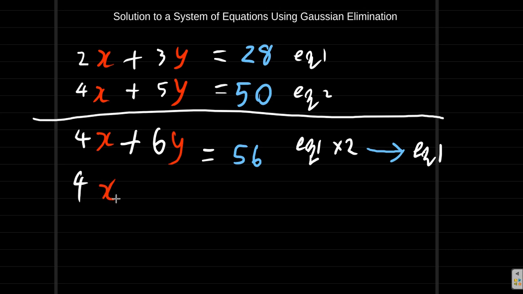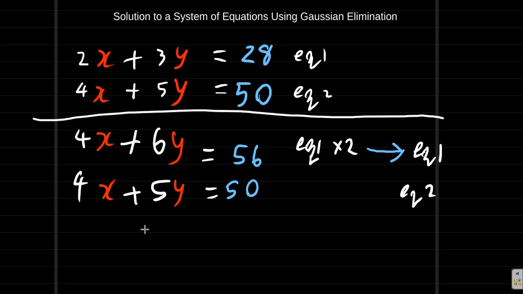It is 4x plus 5y equals 50. This is still equation 2. Right? We have just changed equation 1, but instead of calling it equation 3 as we usually do, we just call it equation 1 again.